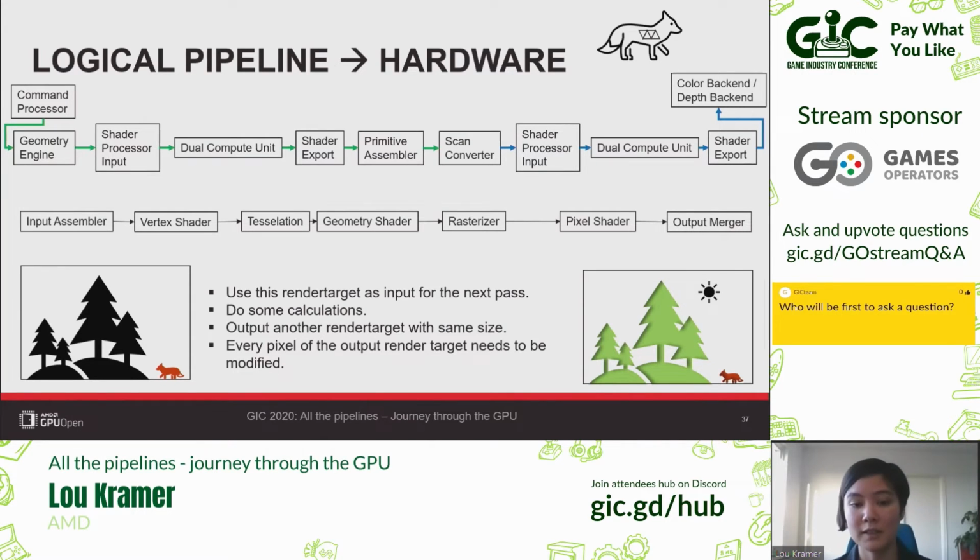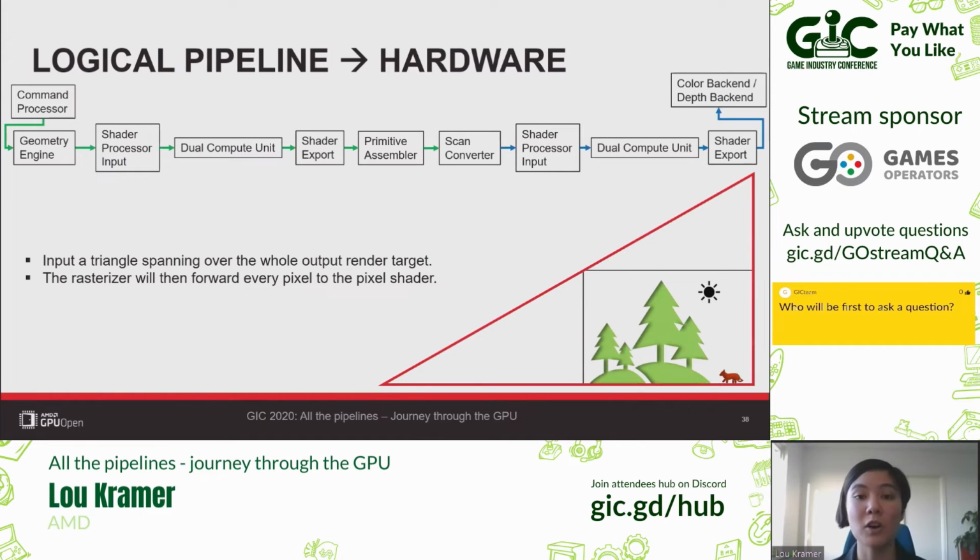So we know in advance that every pixel of the output render target needs to be modified. This is just by design of the problem we want to solve. So we know which pixels should be covered by the triangle, because we just need to process all pixels of our render target. So how you can do this using the graphics pipeline is that you define a large enough triangle that just spans the whole output render target.